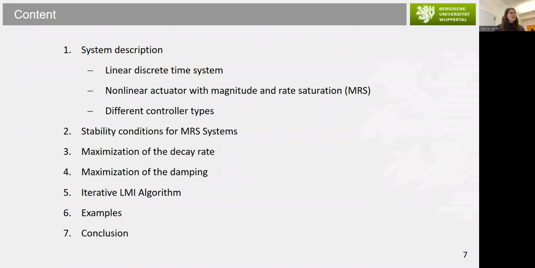Then I will talk about the general stability conditions for magnitude and rate saturated systems, how to maximize the decay rate, and then come to the new optimization task of maximizing the damping. This leads then to an iterative LMI algorithm. Then I will show a few examples and draw a conclusion.